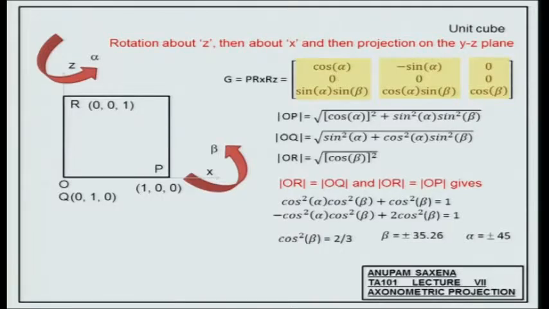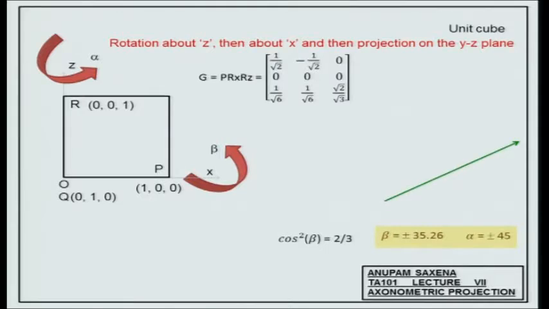Enough of math. So this is the crux, but in TA 101 we don't worry about the intermediate steps, we only worry about the final result, and this is what the final result is. If you incorporate those angles alpha and beta, what it essentially means in terms of drawing is you get to know the orientation of the x axis, the y axis and the z axis of the cube.